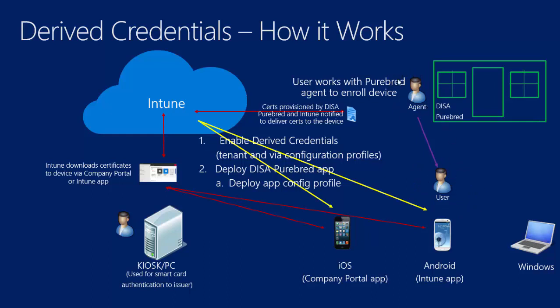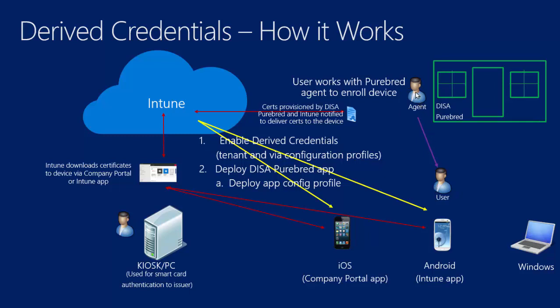But there's also a second part, and it's an employee at Purebred, Red Hat Software, whatever, to work with you in the process to get your device prepared for enrollment, right? So there's actually some back and forth that will happen between the user and what's called the Purebred agent. You'll see that, right?